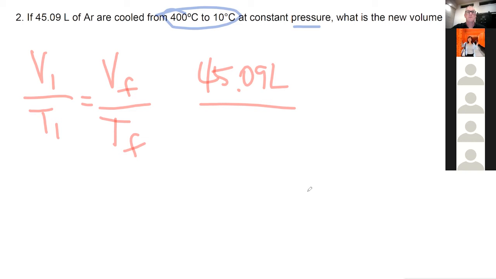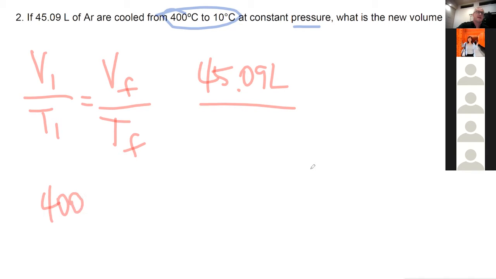So what's my initial temperature? 400. So I just put in 400 Celsius? No, you have to convert it to Kelvin. It's got to be Kelvin. That's right. So what's that temperature going to be in Kelvin? 673.15 Kelvin.